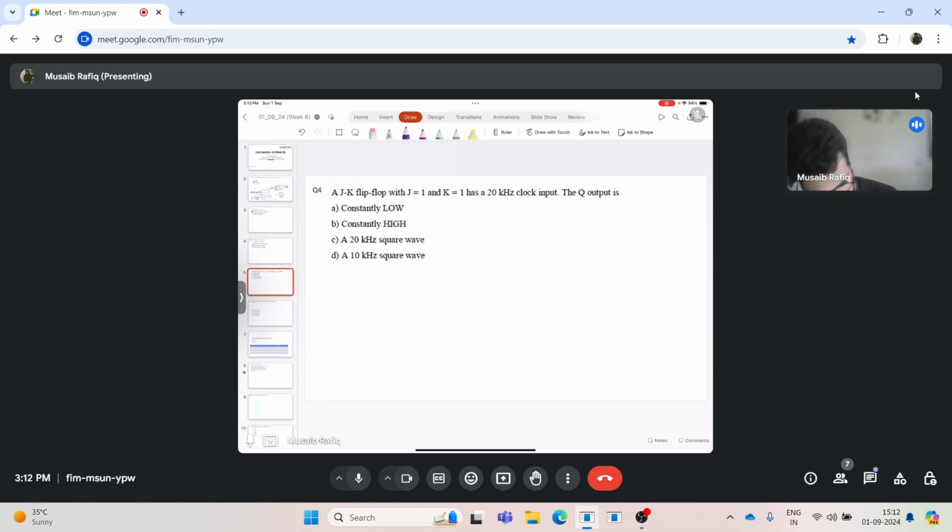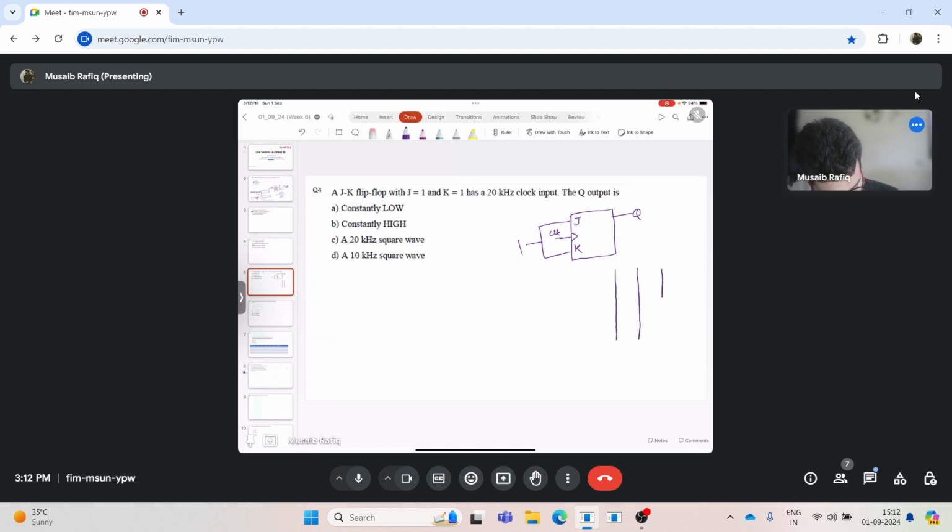Before we proceed, what we have here is a J, K, and a clock, and my J equal to K equal to 1, and this is my output.